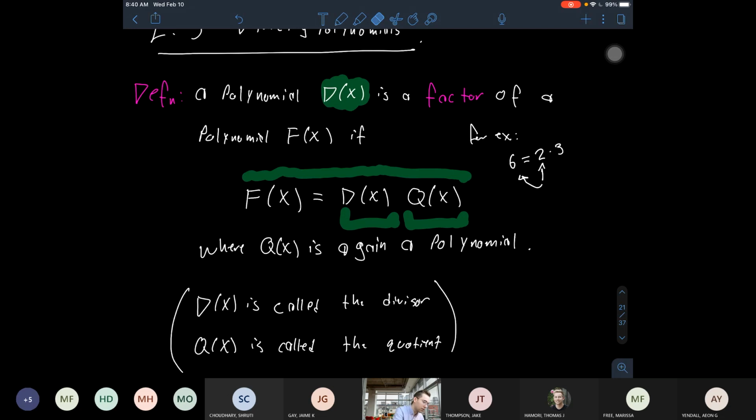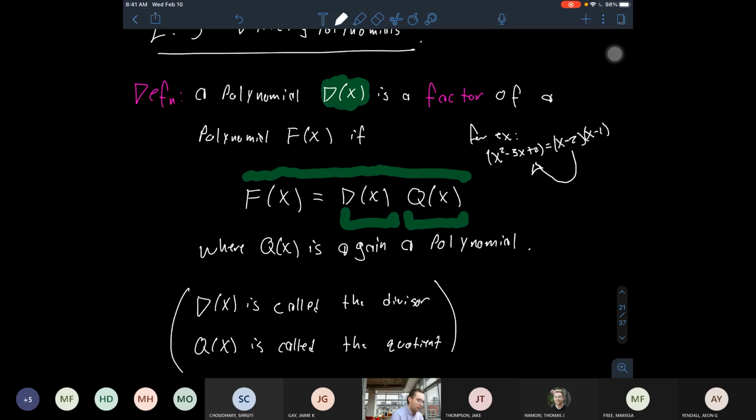For example, we could write x squared minus 3x plus 2 as being equal to x minus 2 times x minus 1 if we were to factor it. And these are both polynomials, therefore x minus 2 is a factor of x squared minus 3x plus 2.